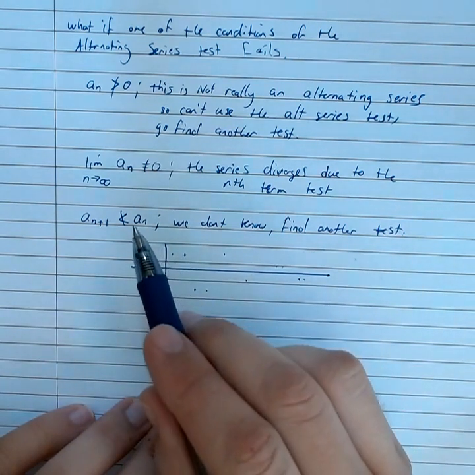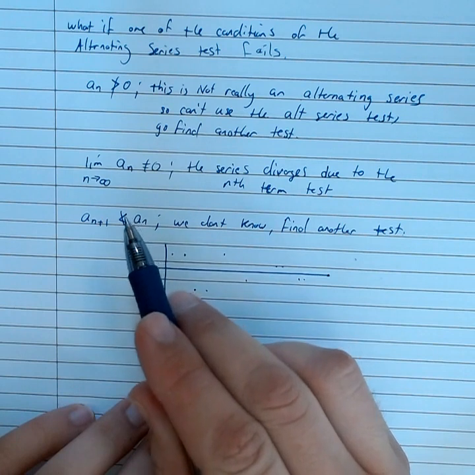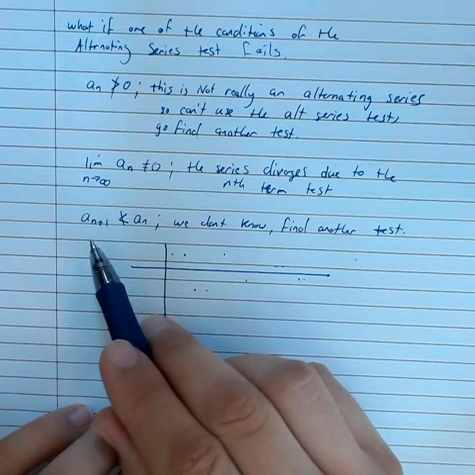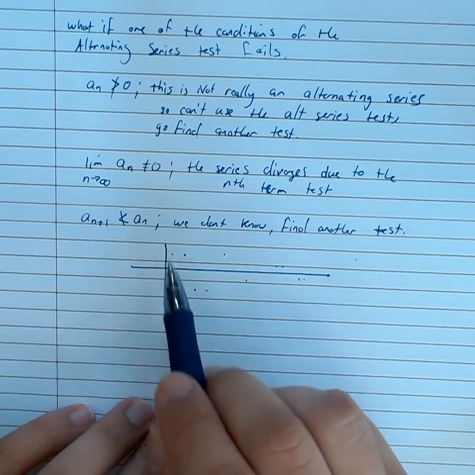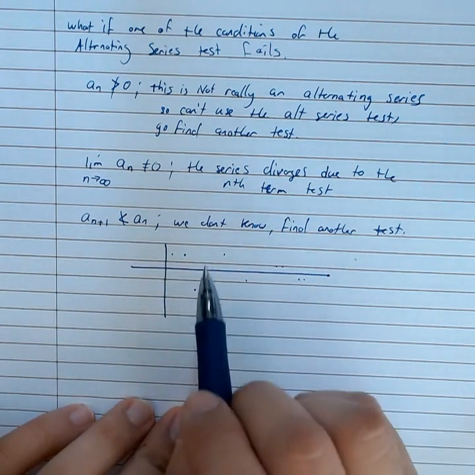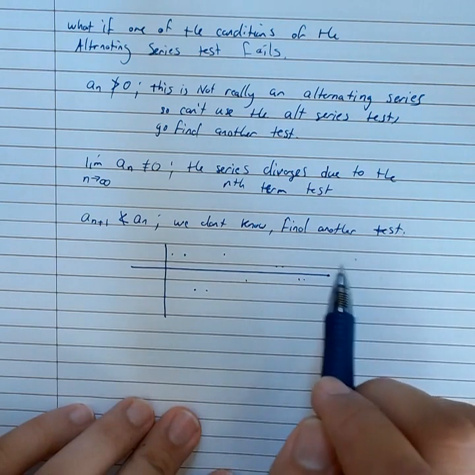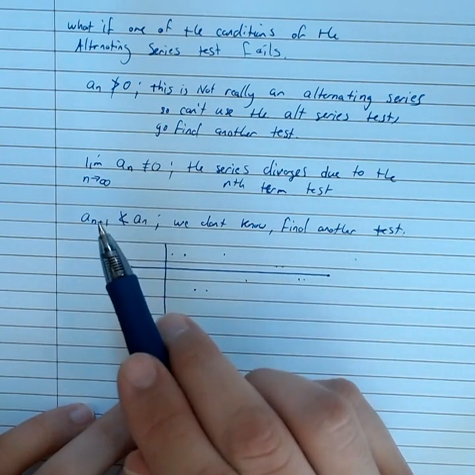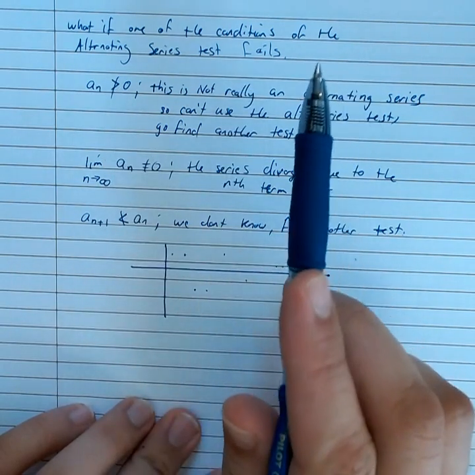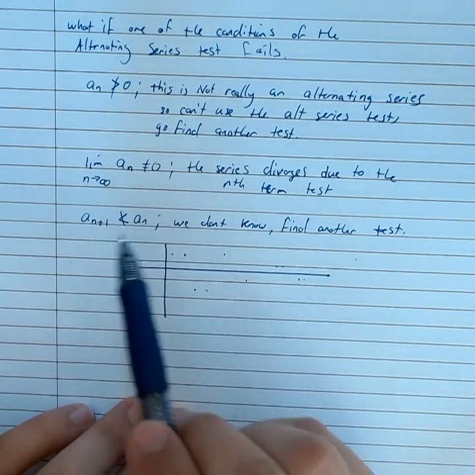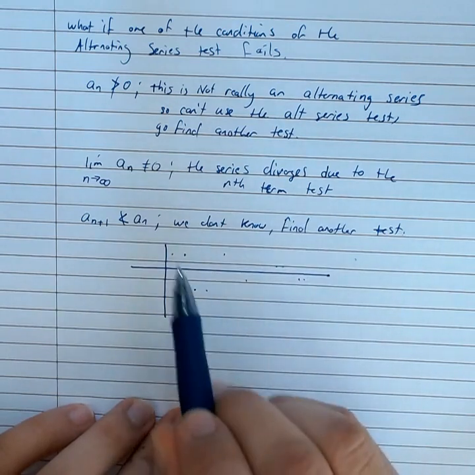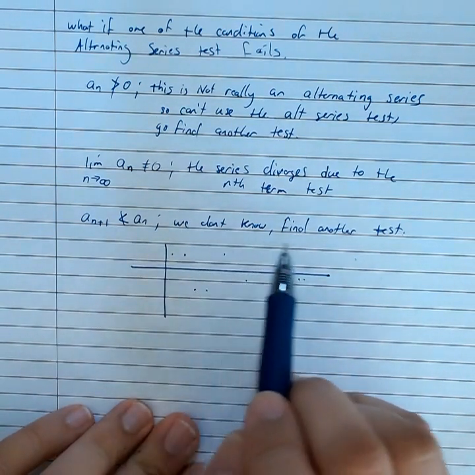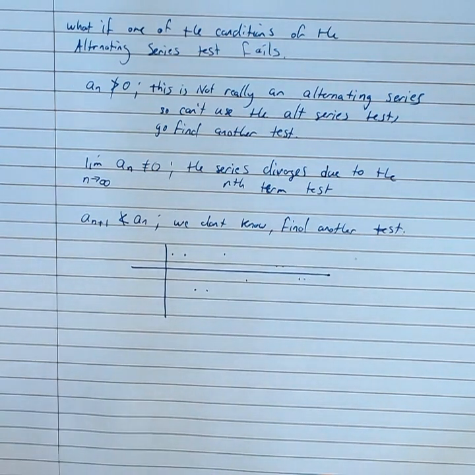So here, we don't strictly have a monotonically decreasing sequence of terms that we're adding together. But we still have convergence. Oh, but this was a condition that guaranteed that the alternating series would converge. Okay, so if we don't have that, we can't guarantee that it works, but there are instances where it does. So if the third condition is the one that fails, we don't know. So you have to go find a different test.